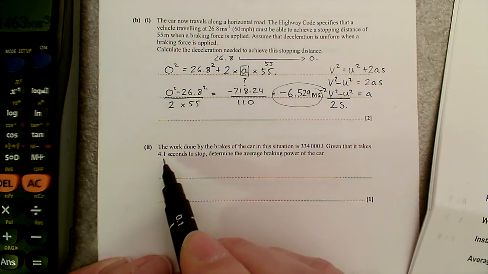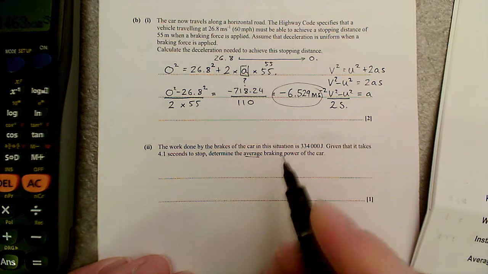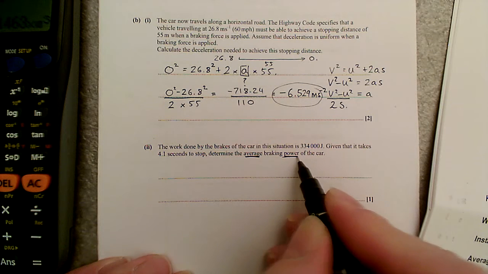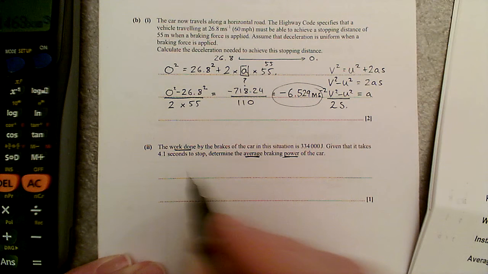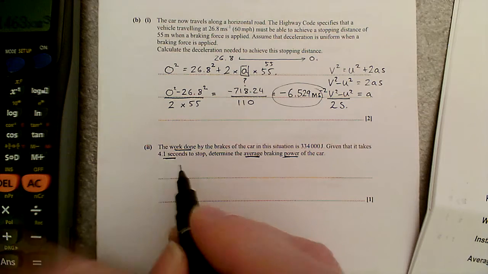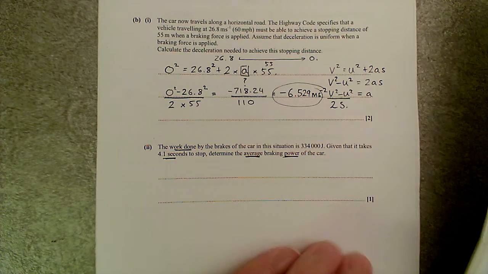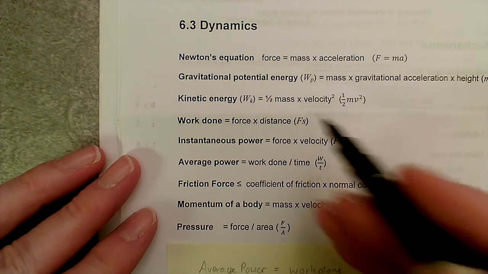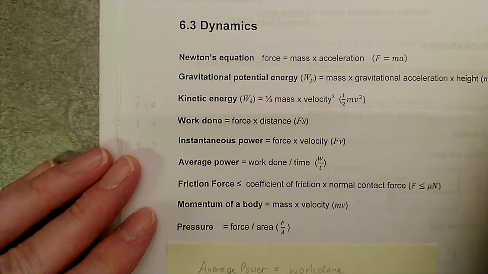Given that it takes 4.1 seconds to stop, determine the average braking power, average power of the car. We've got work done, and we've got time in seconds. So this is a dynamics question, so bring in the dynamics, and we've got average power is work done divided by time.